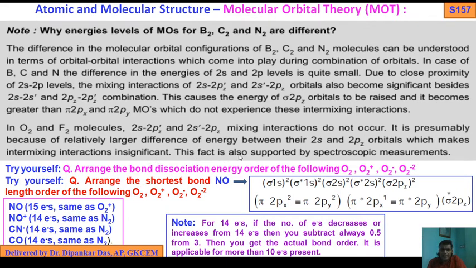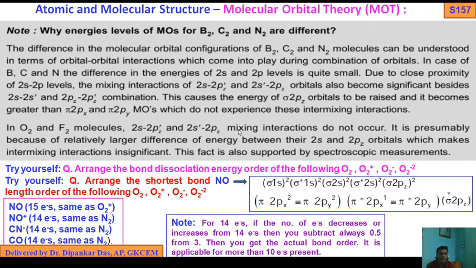This is also supported by spectroscopic measurement. I have already explained why pi 2px, pi 2py comes first and energy is lower in B2, C2, N2 compared to O2, F2, Ne2, considering sp mixing, which is not possible in O2, F2, Ne2.